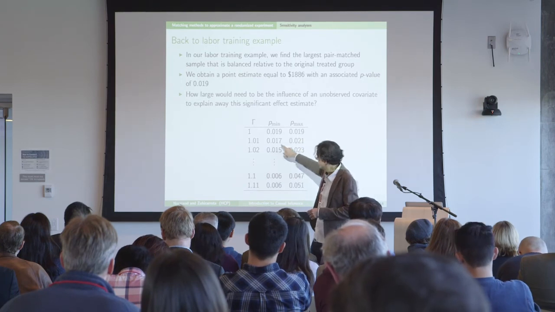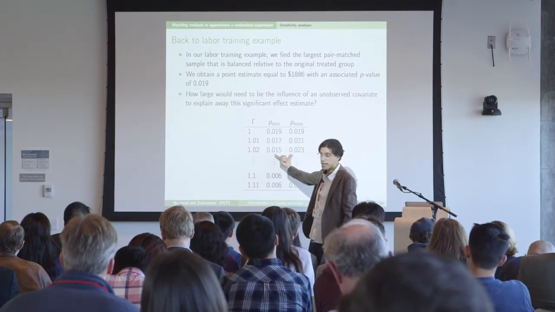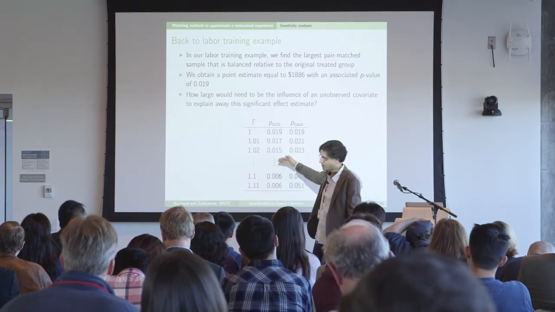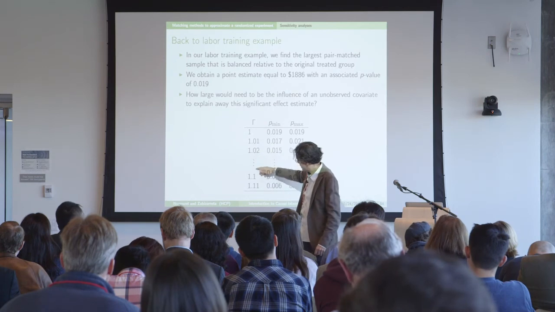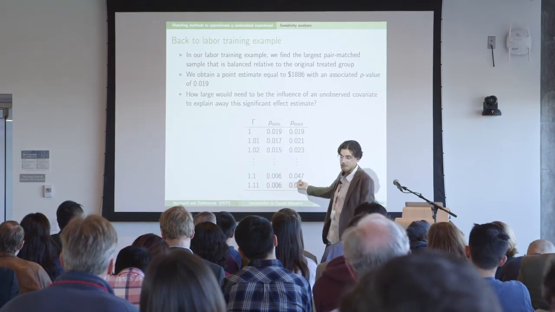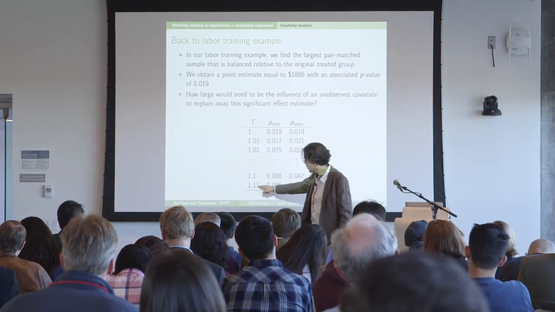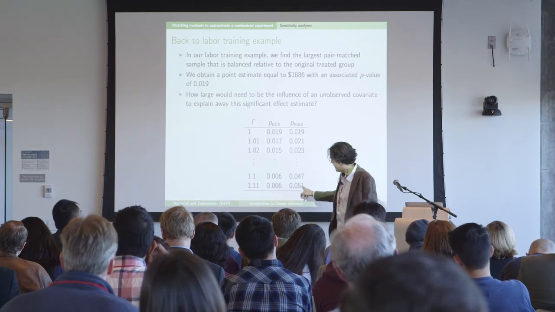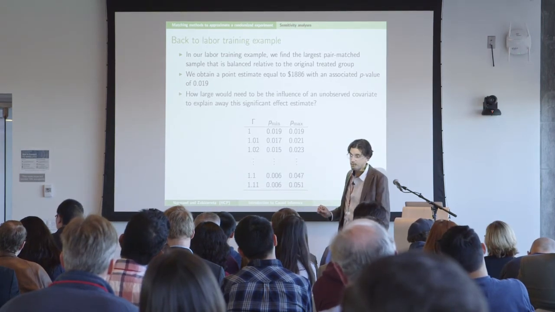As I increase gamma a little bit, and as I increase a bit more, this gap becomes larger, and so on. And so I increase gamma up to 1.1, and here I'm at the edge of still being statistically significant, right? But when gamma is equal to 1.11, then my worst case analysis ceases to be statistically significant.